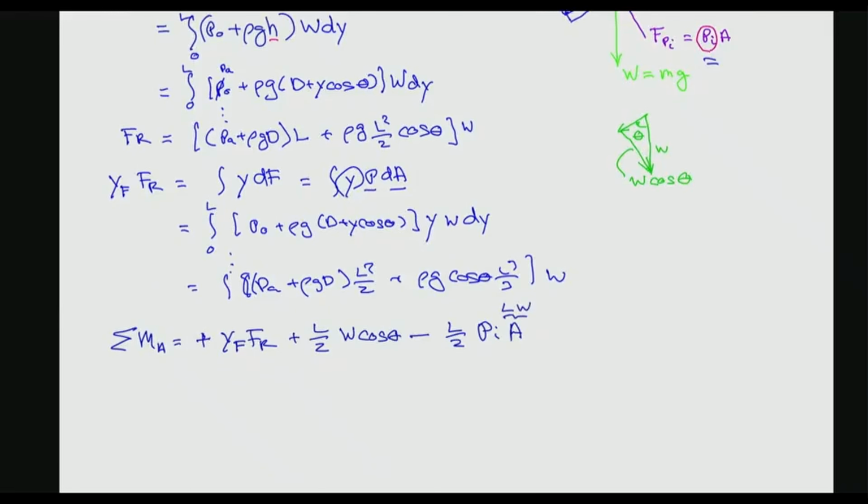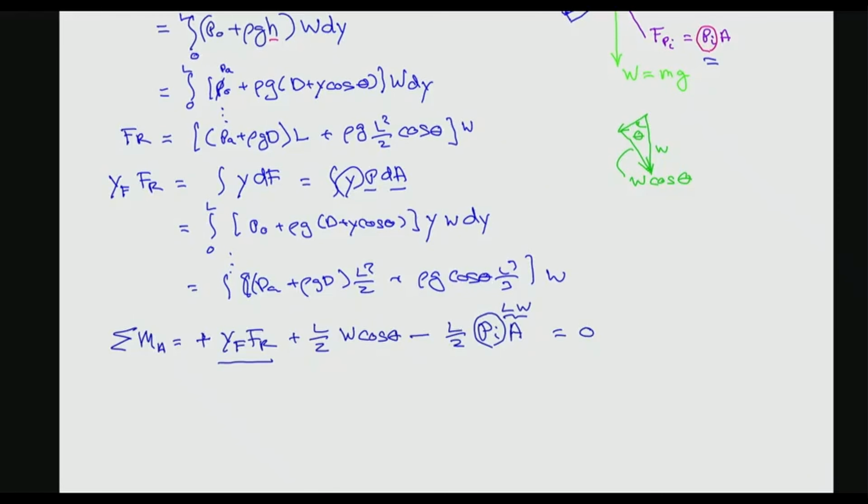This is just L times W. Now, this is all equal to 0 to get our minimum P sub I, or that limiting P sub I value above which will cause the hatch to open.